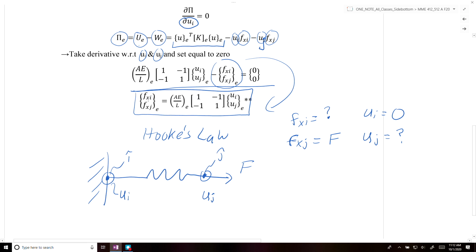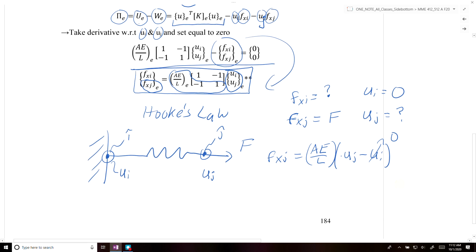What we're going to do is use the bottom row of this matrix here to solve for fxj. So fxj would be equal to AE over L times u of j minus u of i, all right? U of i we know is 0, all right?